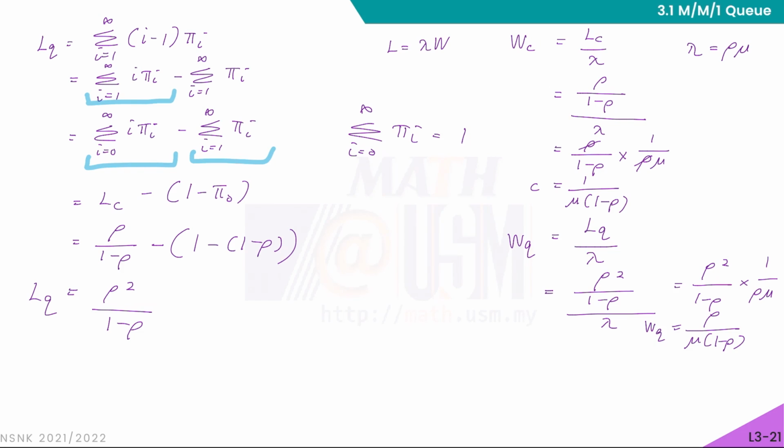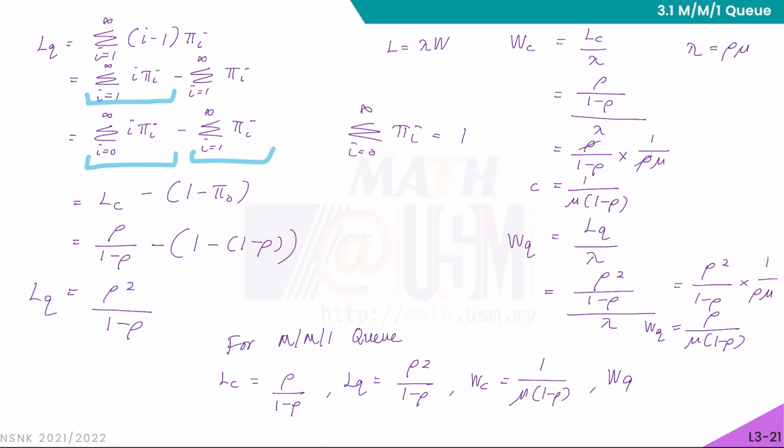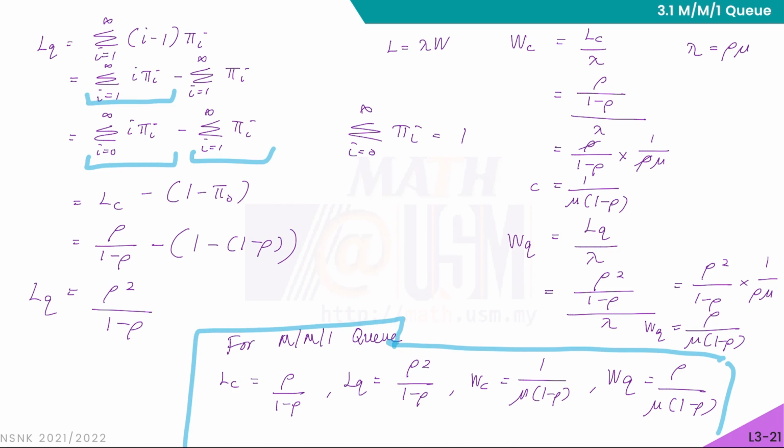So this is your WQ. So basically for the MM1 queue, we have our LC equals rho over 1 minus rho, our LQ equals rho square over 1 minus rho, WC equals 1 over mu times 1 minus rho, and WQ equals rho over mu times 1 minus rho. So these are the measures of effectiveness for the MM1 queue.